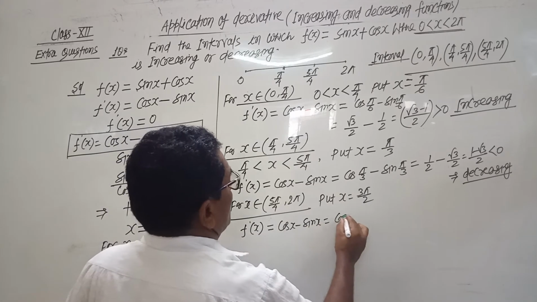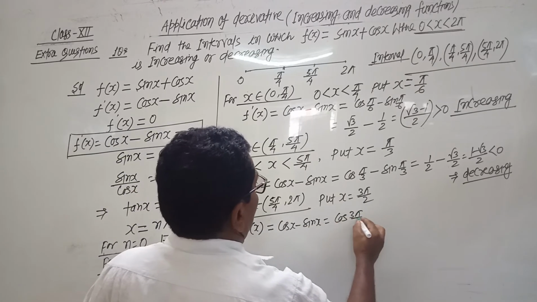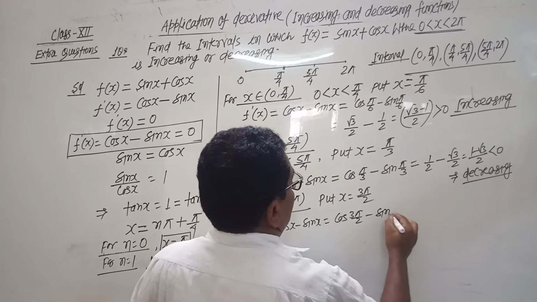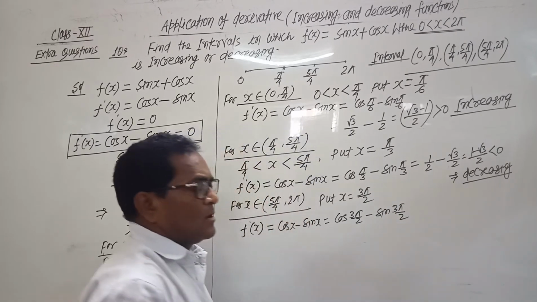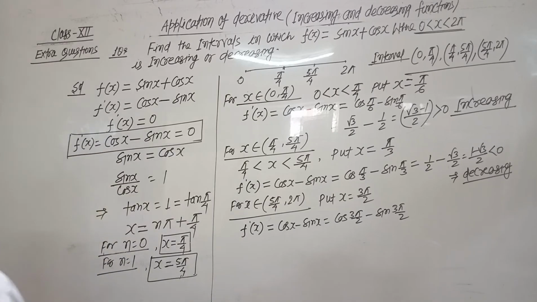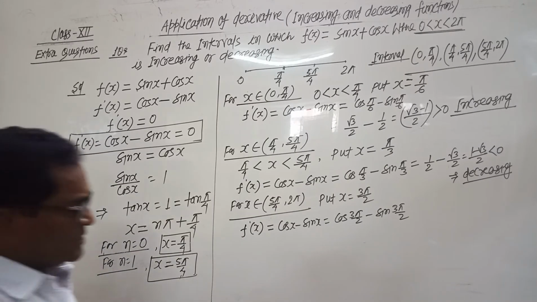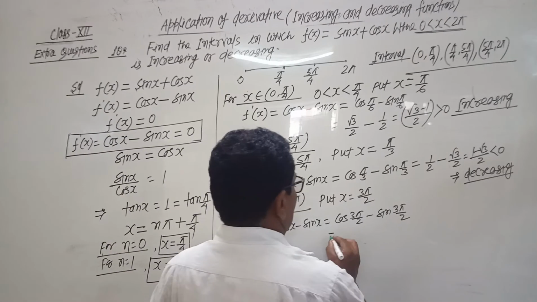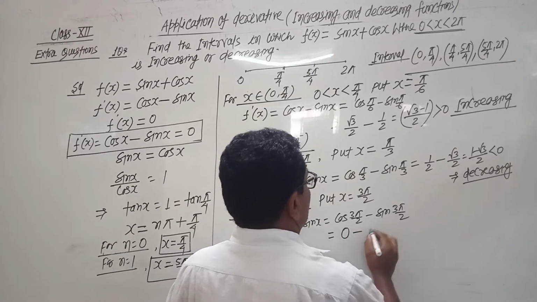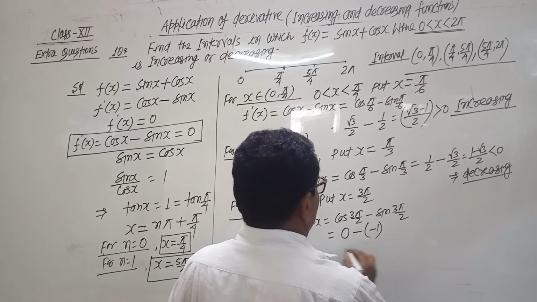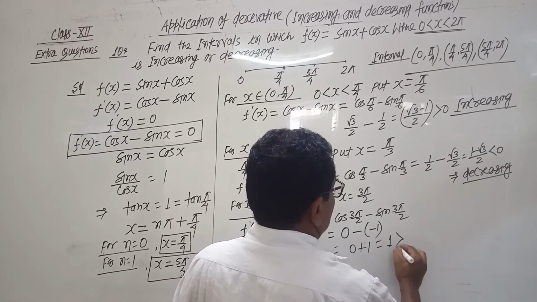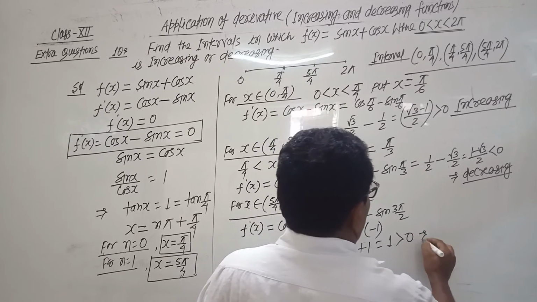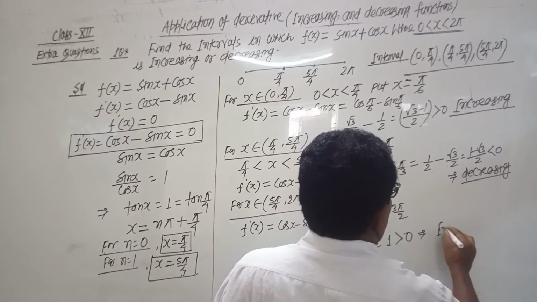So it comes cos 3 pi by 2 minus sin 3 pi by 2. The value of cos 3 pi by 2 is 0, and the value of sin 3 pi by 2 is minus 1. So we get 0 plus 1 equals 1, which is greater than 0. This implies it is increasing.